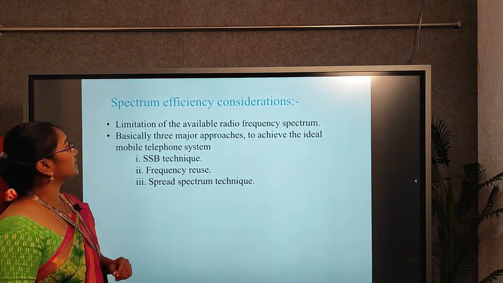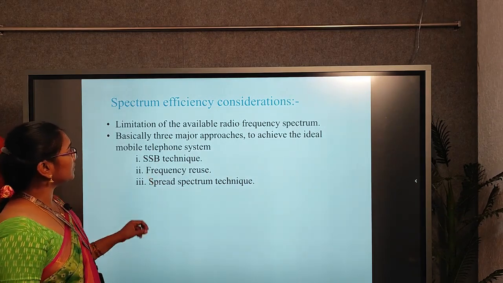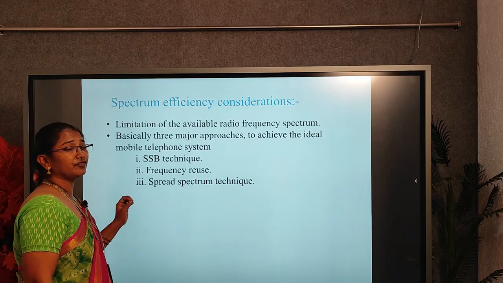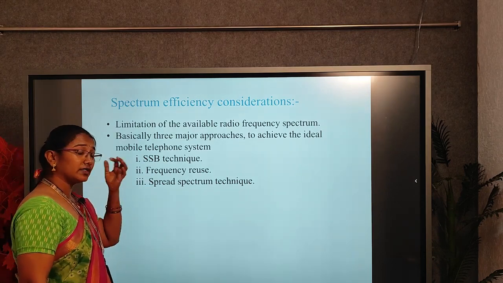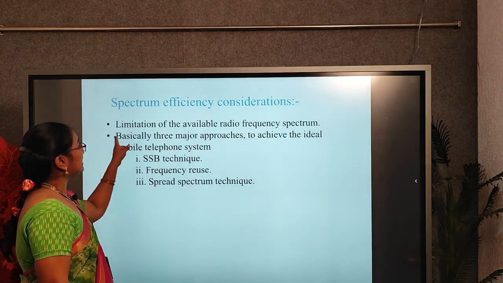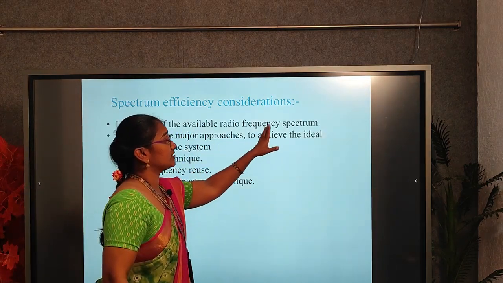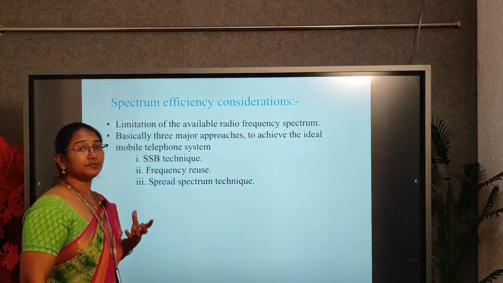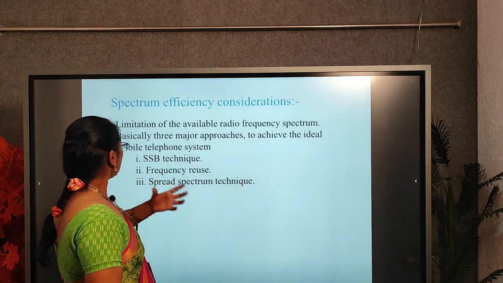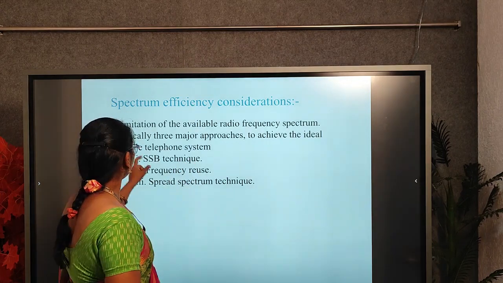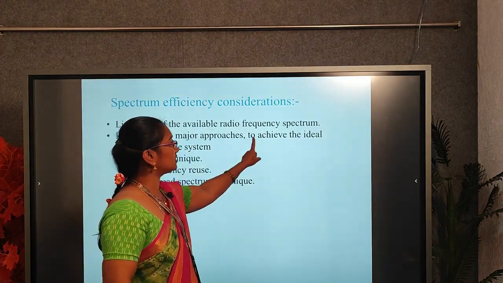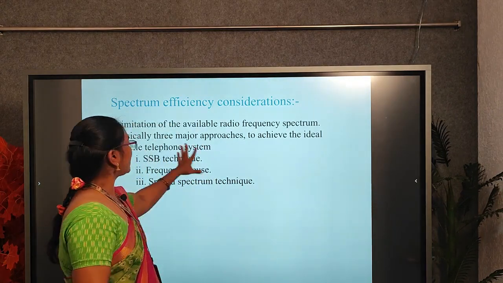Spectrum efficiency considerations. To use the spectrum in an efficient manner, what parameters does the system need to consider? The limitation of the available radio frequency spectrum and the limitation in bandwidth. Basically there are 3 major approaches to achieve ideal mobile telephone communication.